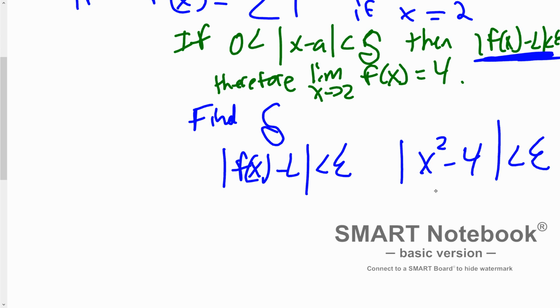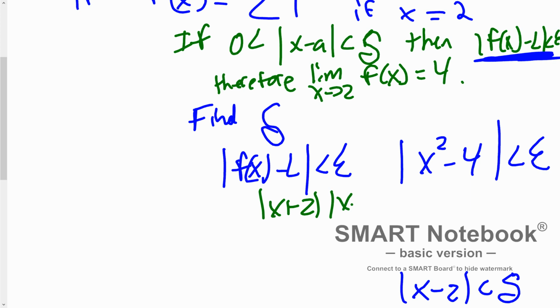Okay, and then I'm going to go ahead and factor this, because what I want to do here is turn this into our x minus our a, and our a here is 2. So I want to turn it into that. Sometimes I need to add something. Sometimes I need to divide or factor something out in order to make it look like x minus 2. Well, I see that this is a conjugate, so I get x plus 2 times x minus 2.